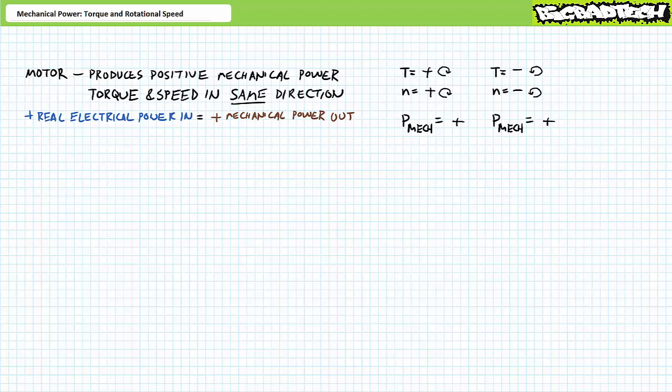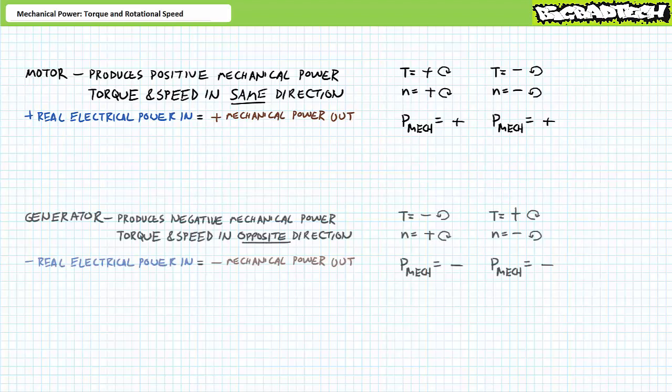Positive clockwise torque times positive clockwise speeds yield positive mechanical power output. Similarly, negative counterclockwise torque times negative counterclockwise speed always yields positive mechanical power output. Motors always produce positive mechanical power. If we assumed 100% efficiency and power in equals power out, motors always consume positive electrical power.